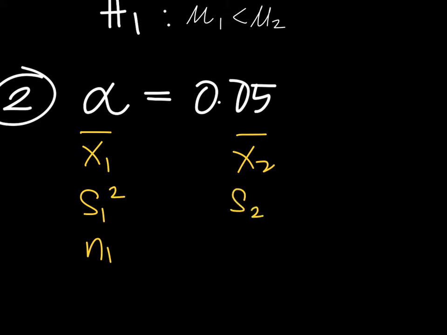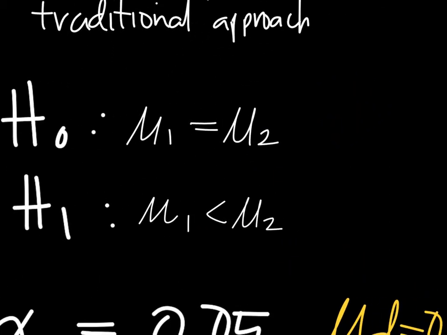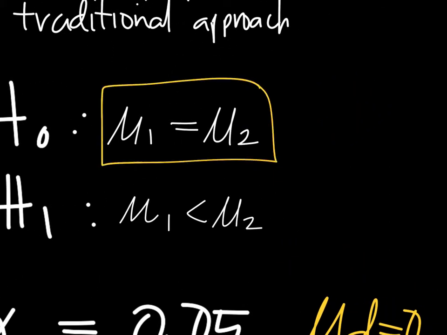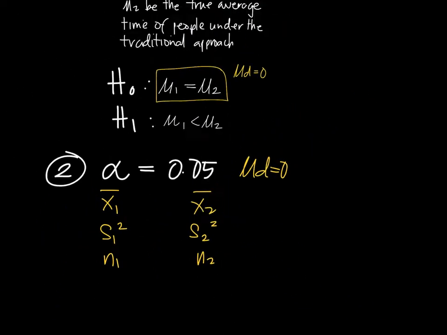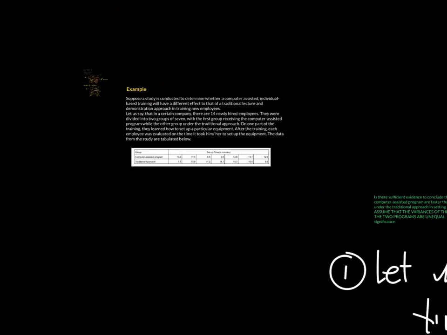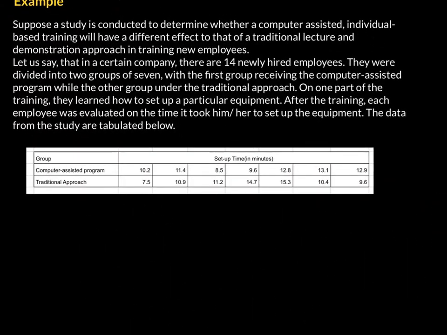You have to know s2 squared and then n2. Again, note that mu d is equal to 0 because for our null hypothesis, mu1 is equal to mu2. If they're the same, then mu d is equal to 0. Okay, so what we have is the data.